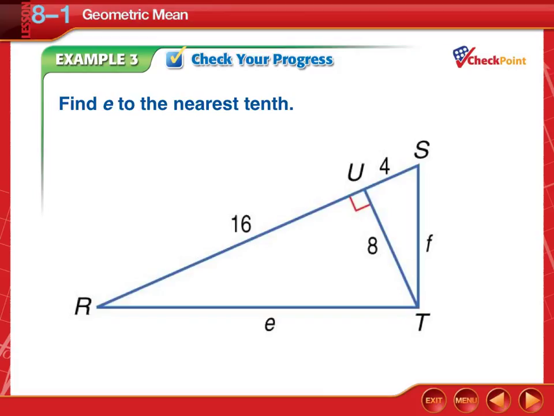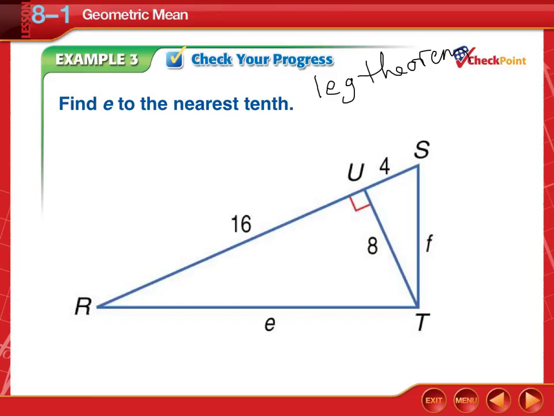So let's take a look here at what's being asked. We're being asked for one of the legs of the original right triangle. So we're looking at the geometric mean leg theorem, and that states that this side here, E, will be the geometric mean between the entire hypotenuse length and this segment here that's adjacent to it.